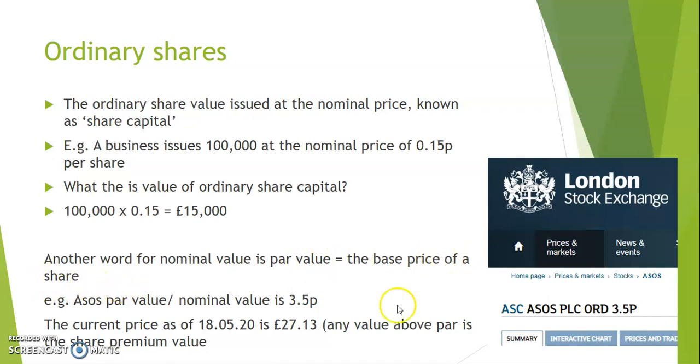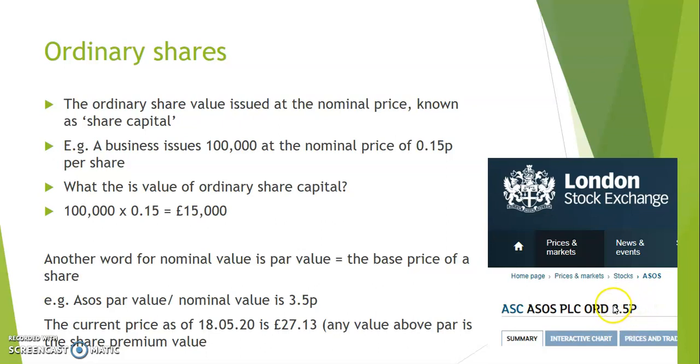I mentioned with ASOS, their base price is 3.5p. Their market price is £27.13. Every business will have a market price and every business will have a base price. So what is the difference between these two? Well, ASOS listed the company's shares at 3.5p.